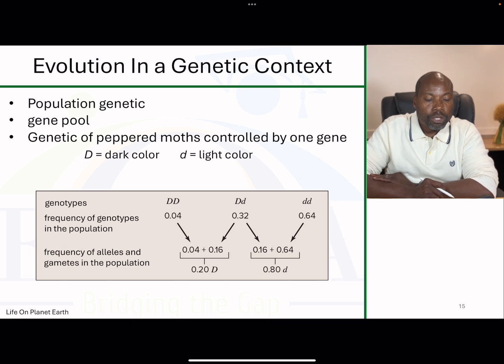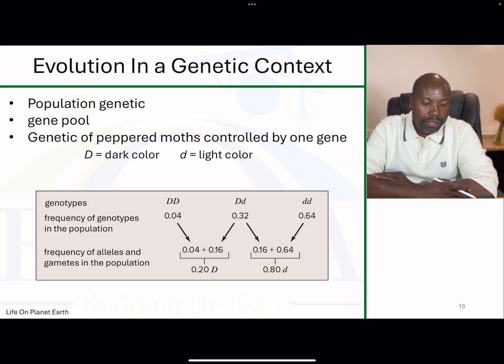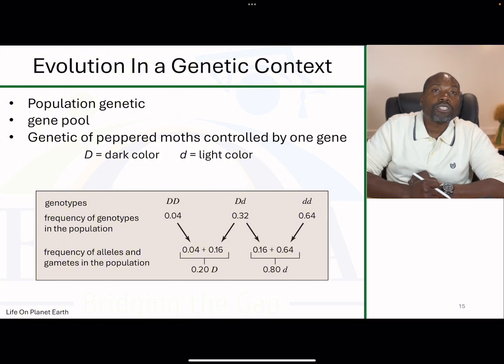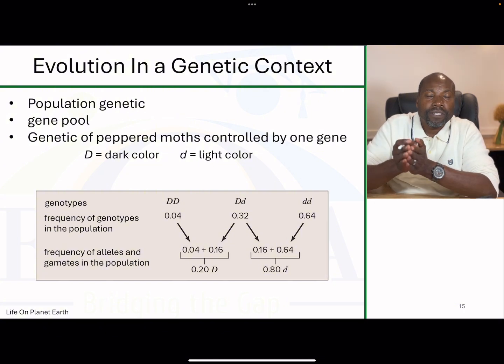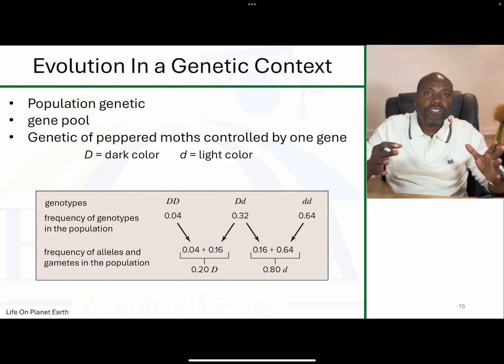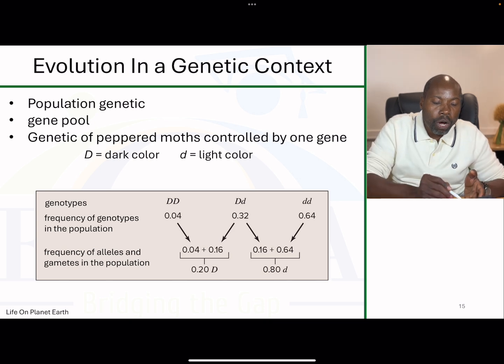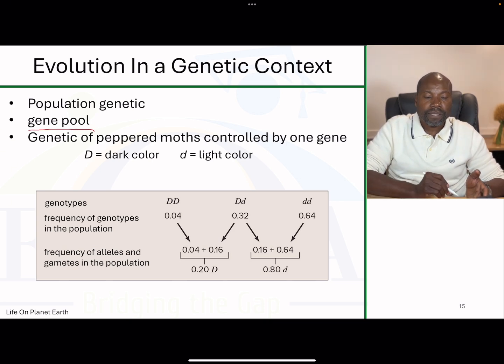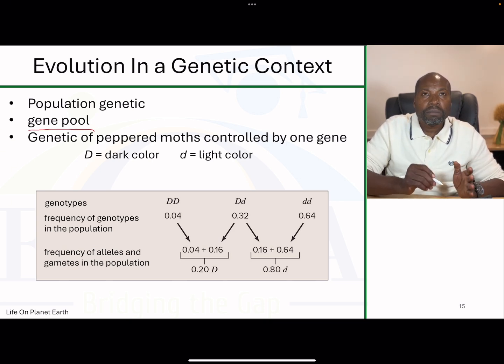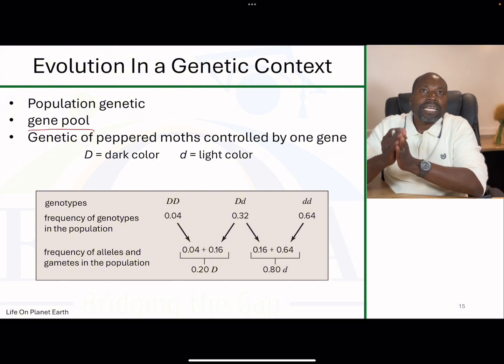All right, so when we consider a population, that population is going to be genetically diverse. That genetic diversity in a population is called the gene pool. That gene pool can now be characterized.